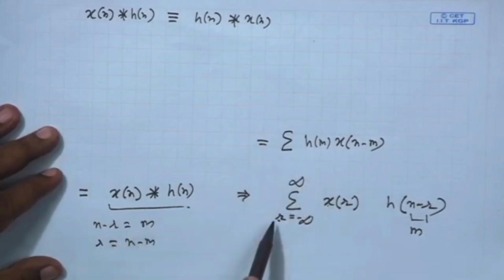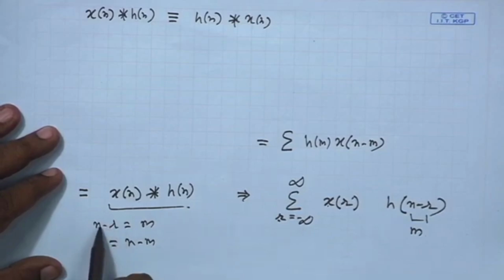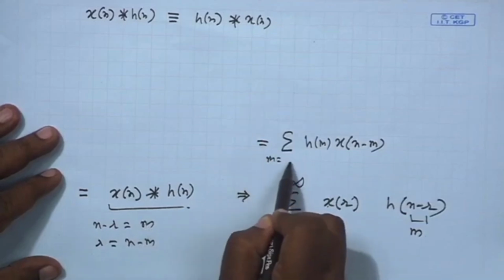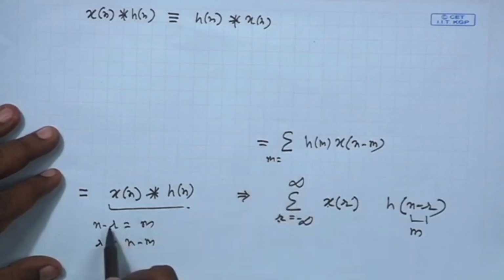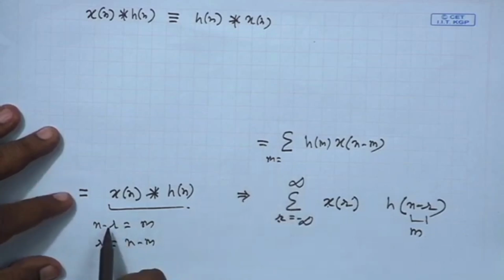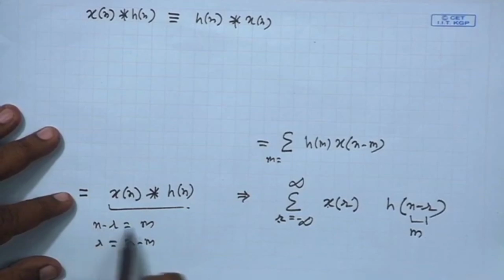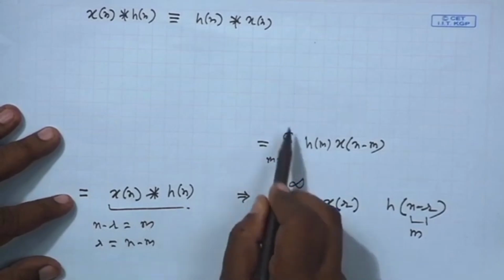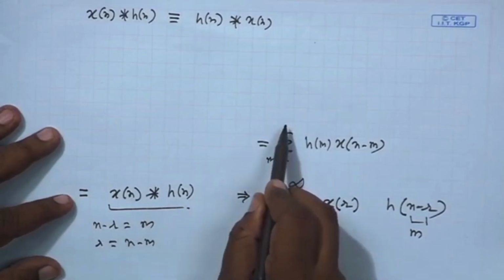Now, you see when r goes to minus infinity, it is n minus minus infinity, so n plus infinity. So, m goes to plus infinity. And when r goes to plus infinity, n minus plus infinity, that is minus infinity, m goes to minus infinity. That means, it should be from plus infinity to minus infinity, in the opposite direction.